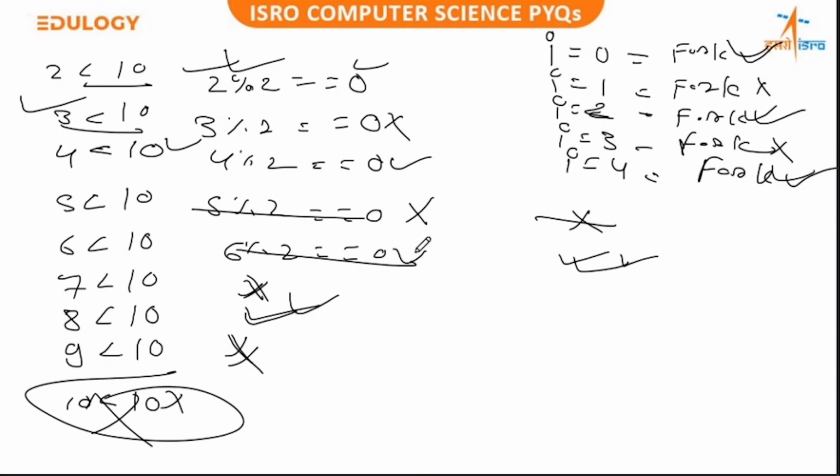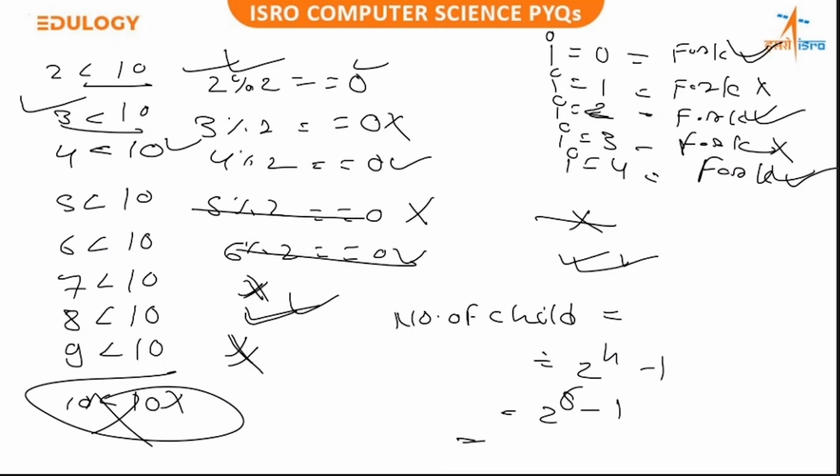So now we have to find the number of child processes. We will simply use the formula 2 power n minus 1, putting at the place of n the number of times fork will execute. So 2 power 5 minus 1.